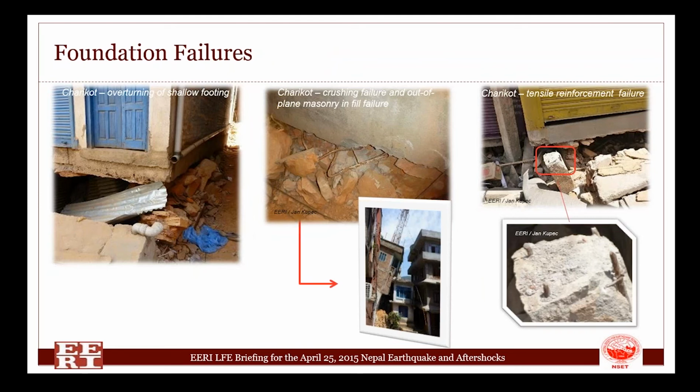In this particular instance, the entire structure, which is a radiator tower on top of it, tilted, hit the small white building in the middle, and then pushed that white building into the adjacent 3-story RC frame, damaging that one as well. But we also saw where construction was relatively good on the foundations itself. The building moved excessively and caused a tensile failure of the reinforcement itself.